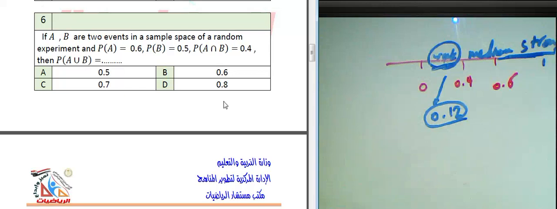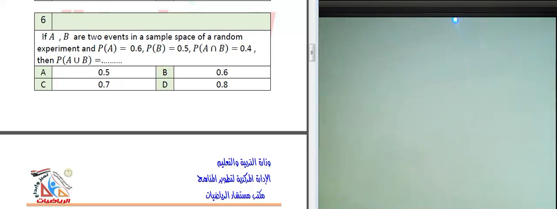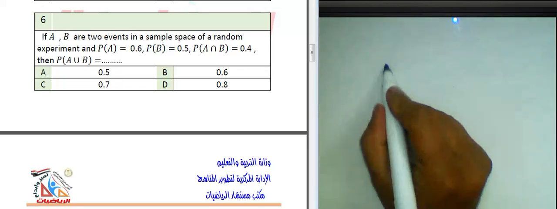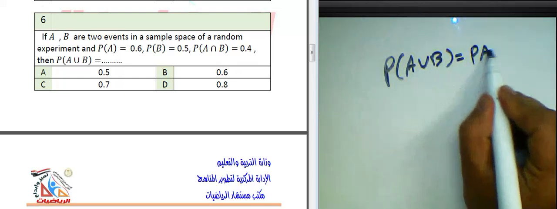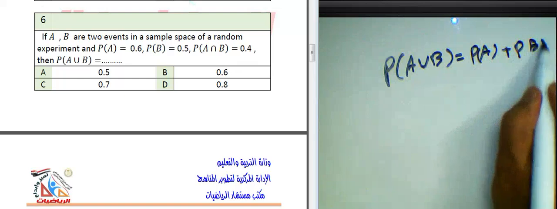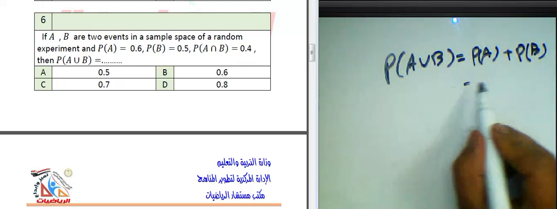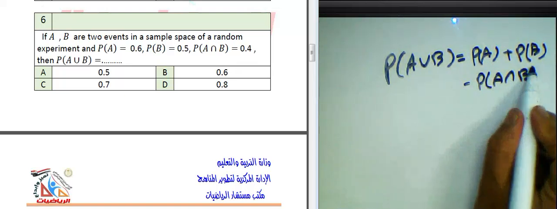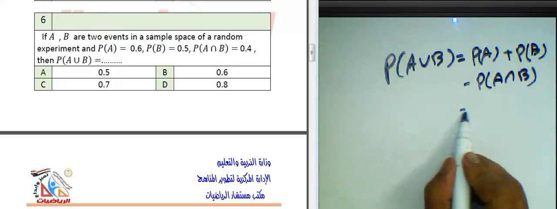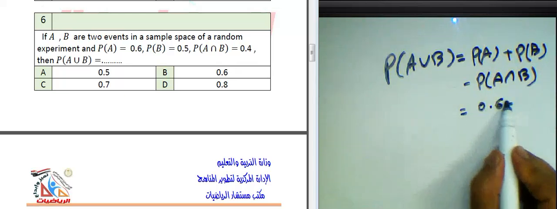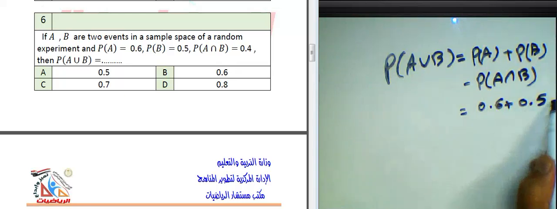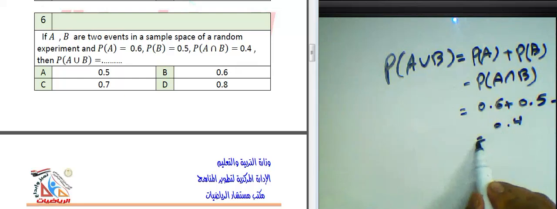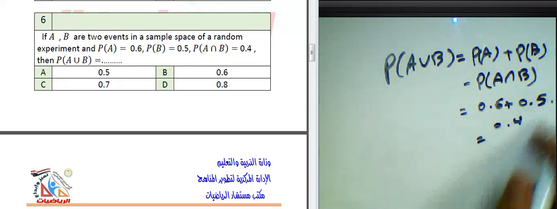We can find the result by using the rule: probability of A union B equals probability of A plus probability of B, subtract probability of A intersection B. He gives us probability of A here 0.6, and probability of B equals 0.5, subtract the intersection between them 0.4. We can find the result here.